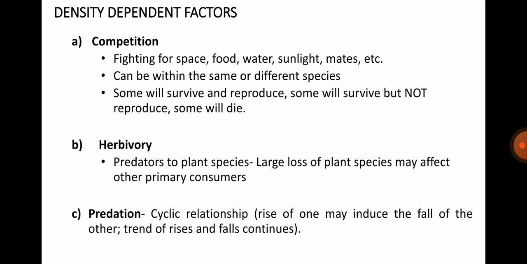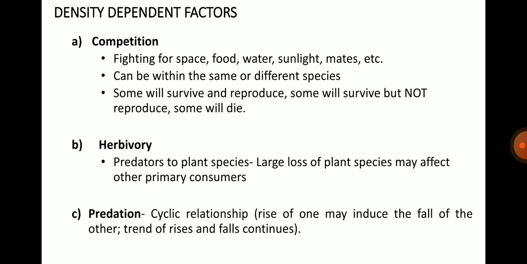So let us learn about each in 2-3 lines. First is competition. Competition is the fighting for space, food, water, sunlight, mates, etc. And the competition can be within the same or different species, and thus they are called intraspecific and interspecific competition respectively.